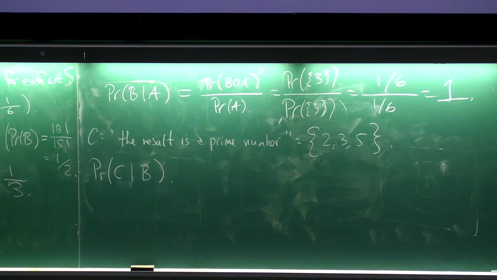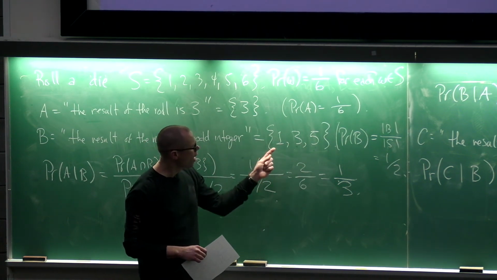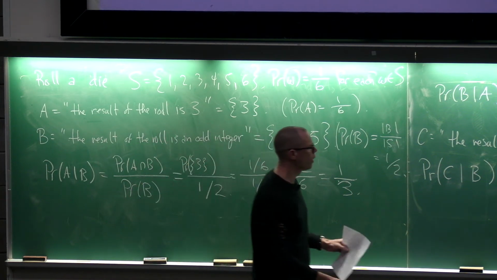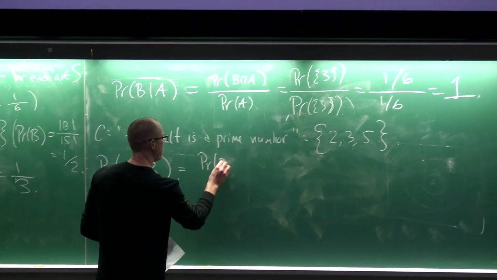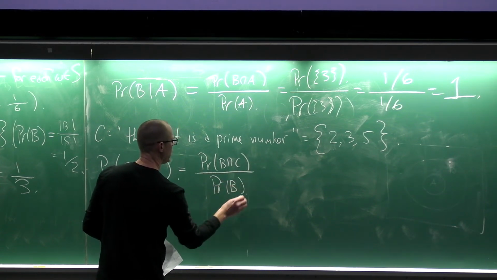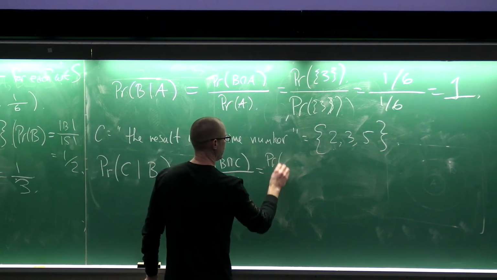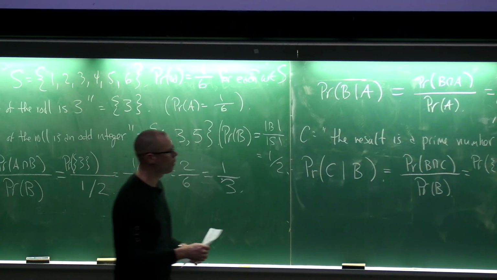Yep. 2/3, because I'm telling you that it's odd, so that means it's a 1, 3, or a 5. What's the probability that it's prime? Well, there's 2 primes in here, so the guess should be 2/3. Quickly check it. So that's the probability of B and C divided by the probability of B. Probability of B and C is the probability of the common intersection of B and C, which is 3 and 5.